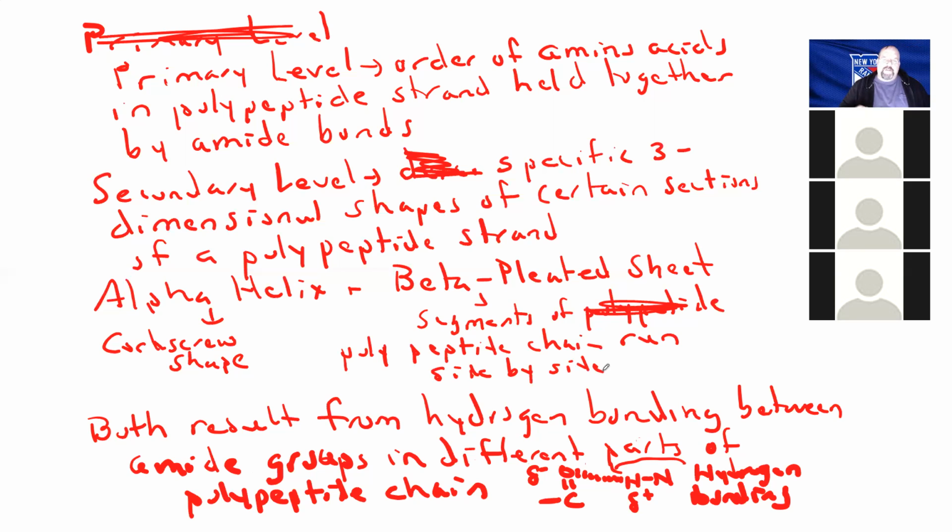Essentially, you have segments of the polypeptide chain that end up running parallel to each other. That's essentially the difference between an alpha helix and a beta pleated sheet. But the commonality between them is that they both result from hydrogen bonding between amide groups in different parts of the polypeptide chain. All right.